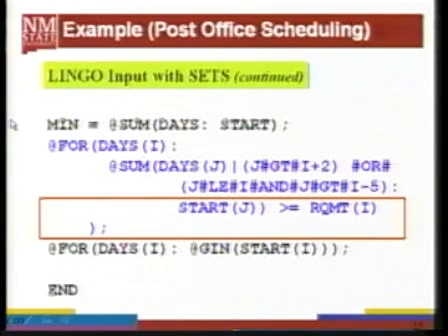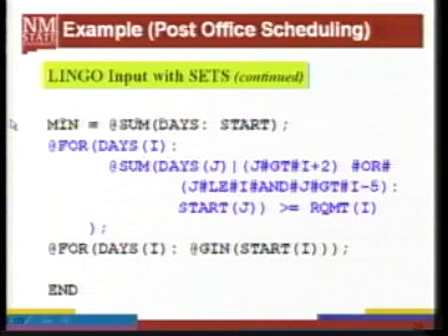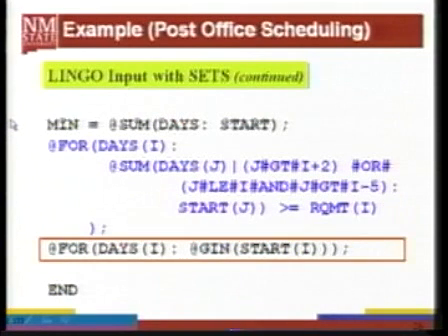Days. Next, to indicate that each variable must equal a non-negative integer, we've just used the gin operator like this way. Any questions so far? No? It's pretty easy, right?